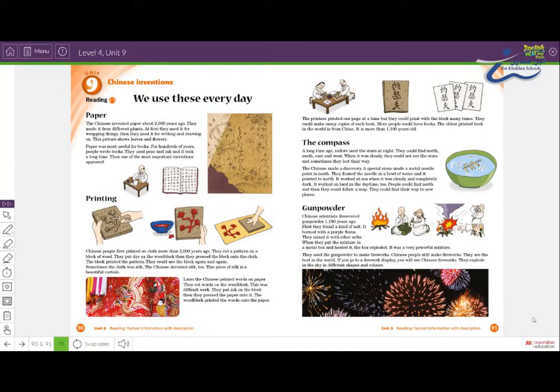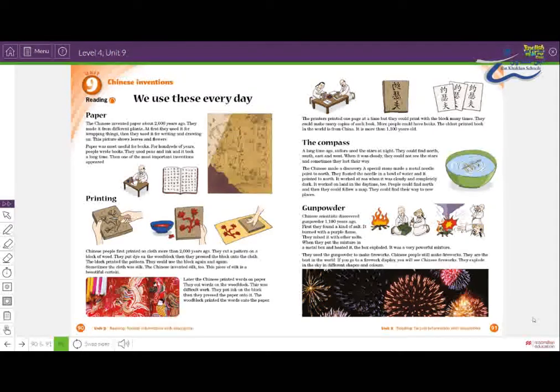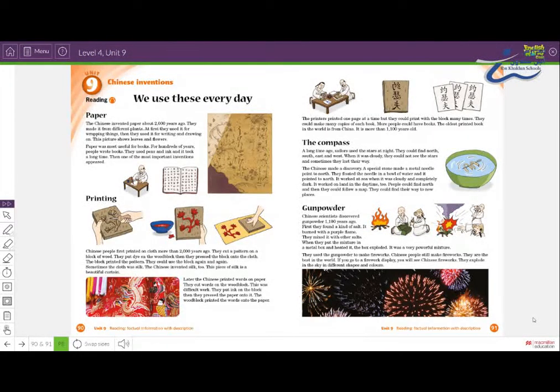Yes, there is a book. And what else? Yes, there is a wood block. And the people used wood block to make what? Yes, to print. We use the wood block to print.